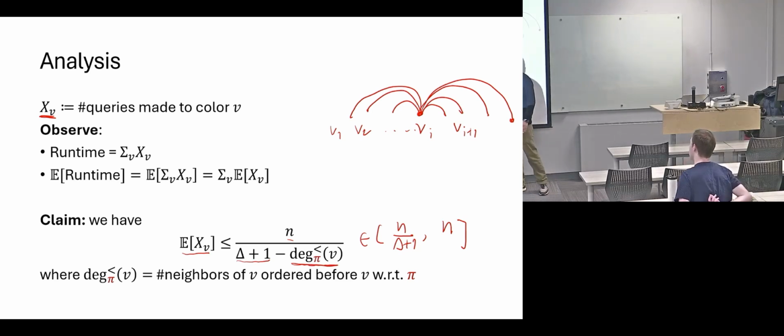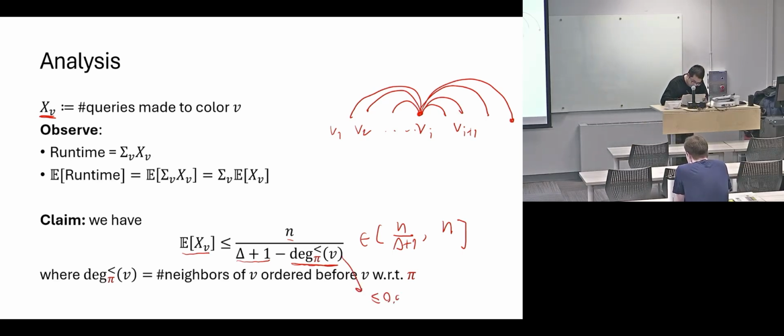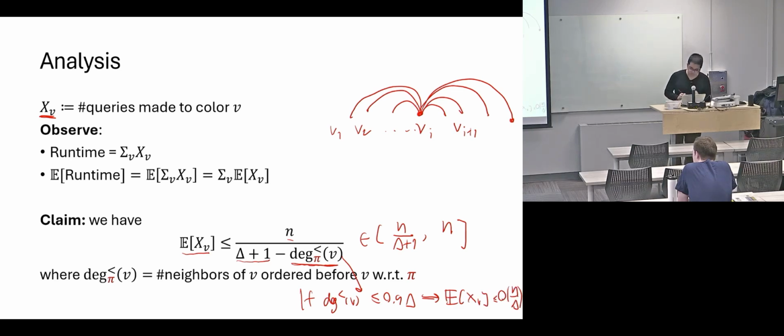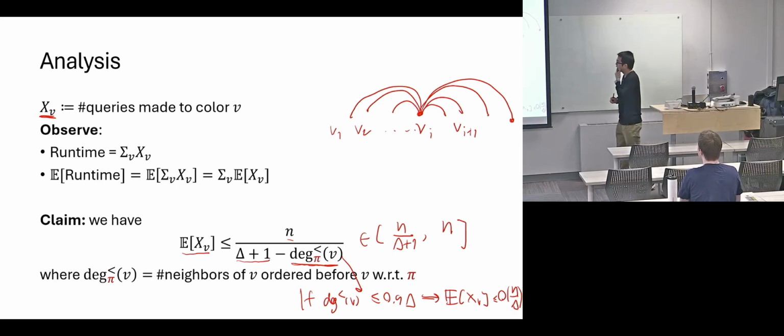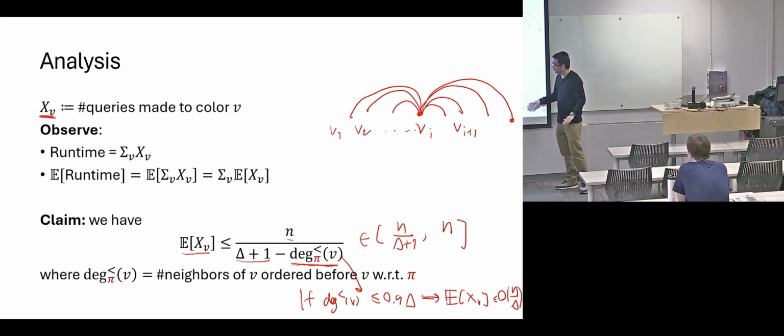Otherwise, if this thing is less than 0.9 delta, then this would be of order n over delta. If degree before V is small, it's going to be order of n over delta. So this is just so that you get some feeling about this.